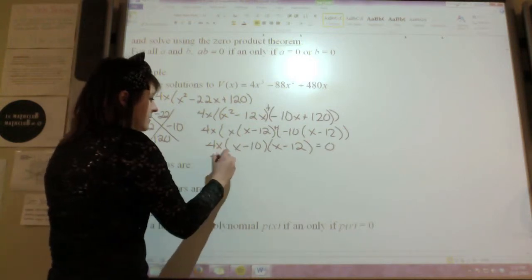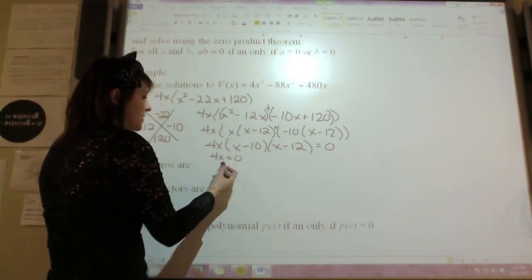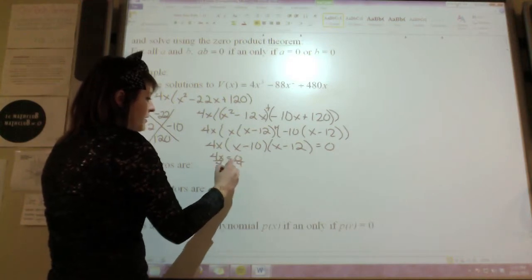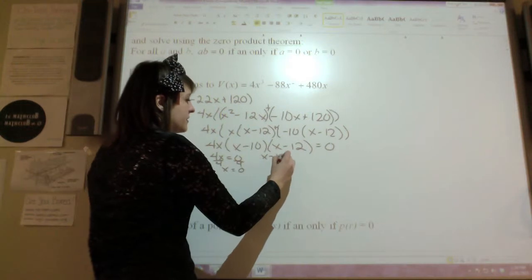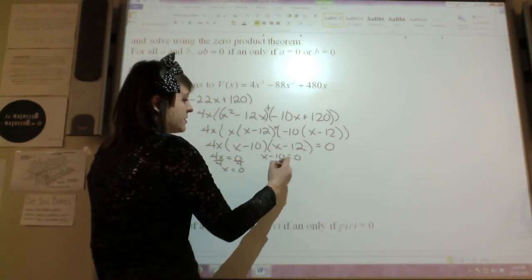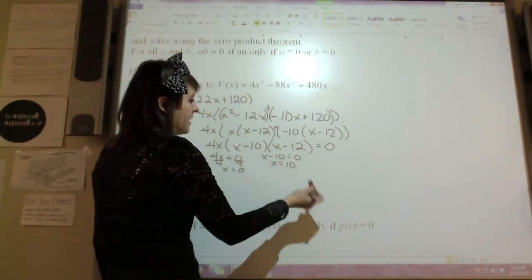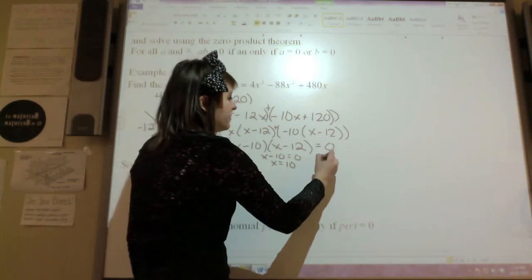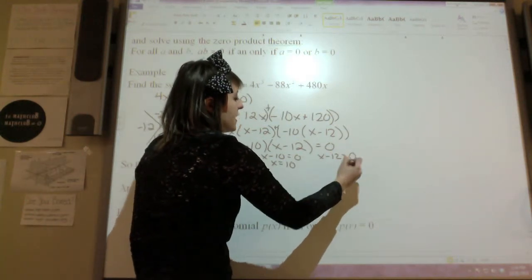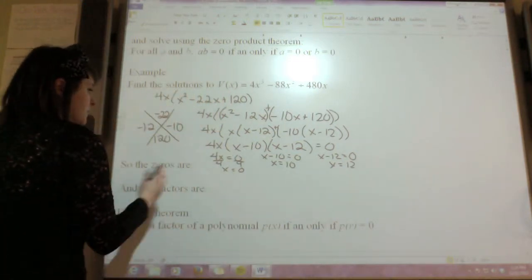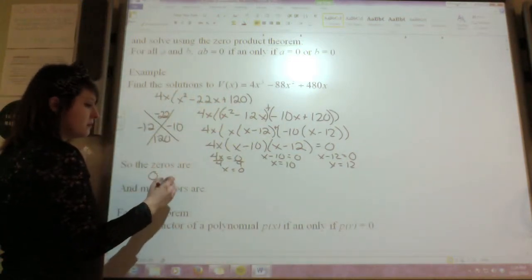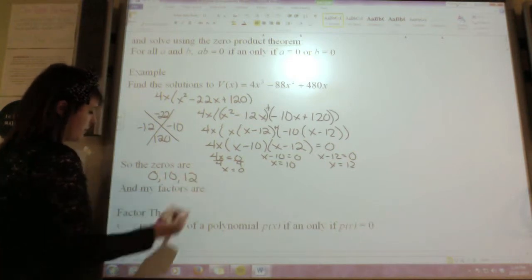If 4x equals 0, I divide by 4 and get x equals 0. If x minus 10 equals 0, I add 10 over and get x equals 10. If x minus 12 equals 0, I add 12 over and get x equals 12. So the zeros in this case are 0, 10, and 12.